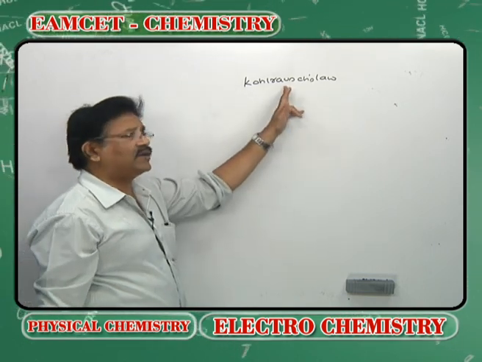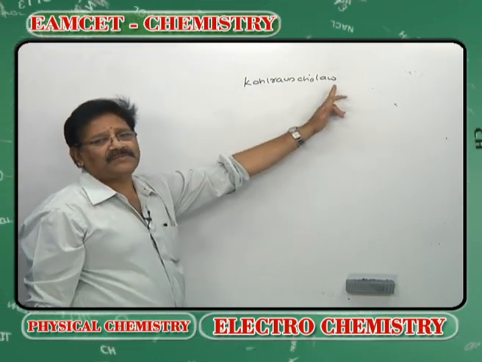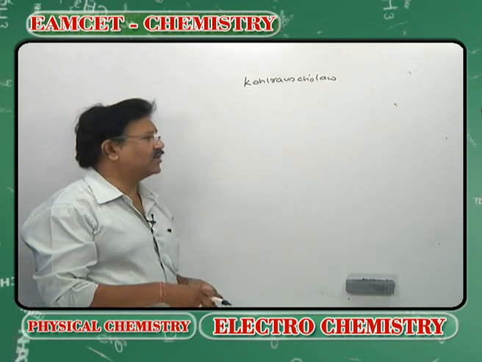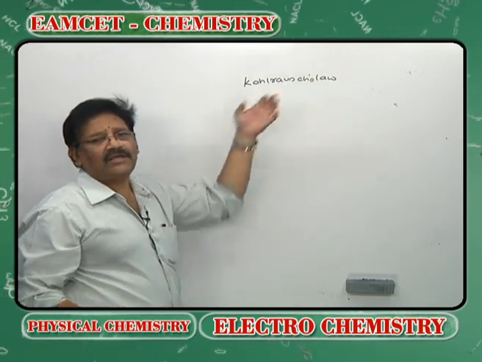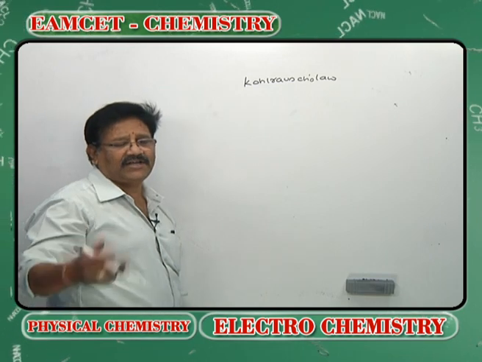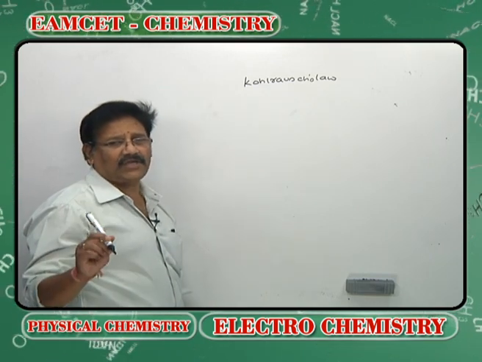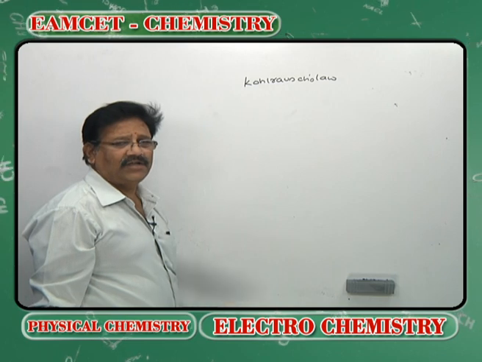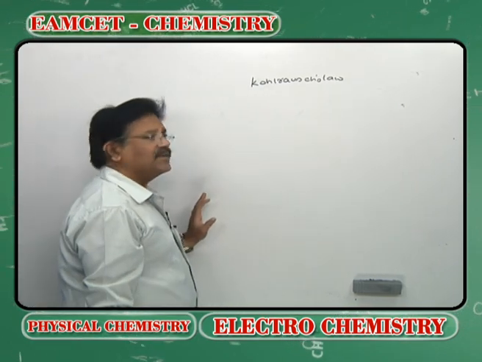That is why Kohlrausch proposed a relation to calculate the limiting conductivity values of weak electrolytes at infinite dilution. Now, what are the types of conductivity?